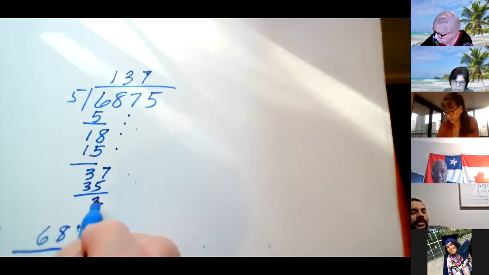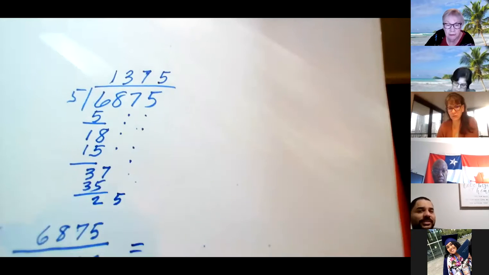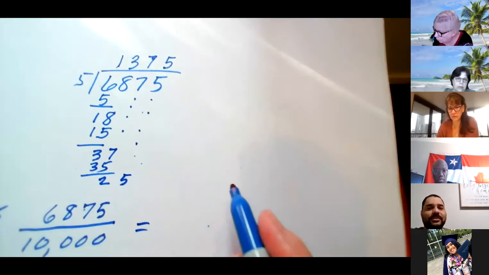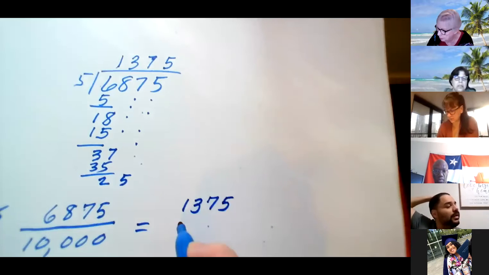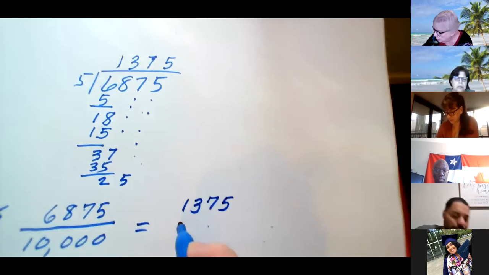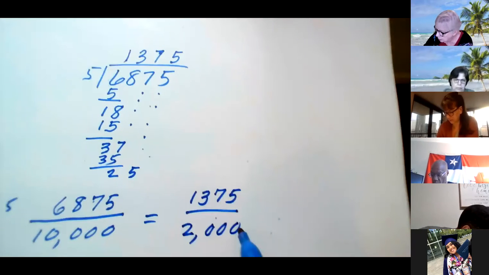One more. 5 into 25 is 5. So when I divide 5 into this, I get 1375. And 5 into this number, I can do in my head. 5 into 10 is 2 with 3 zeros. So 5 into 10 is 2000.